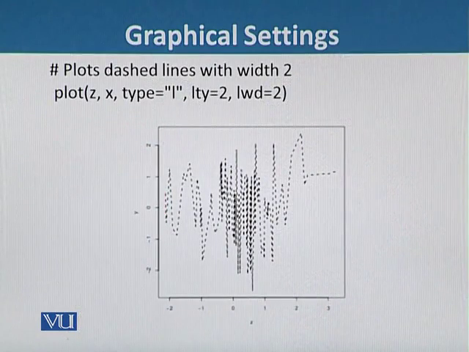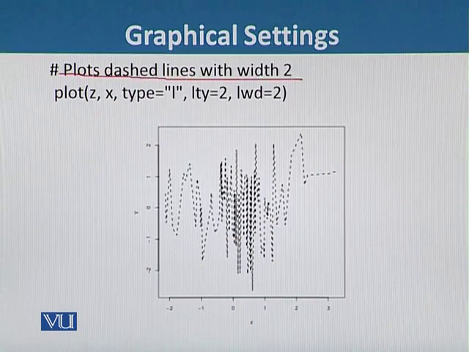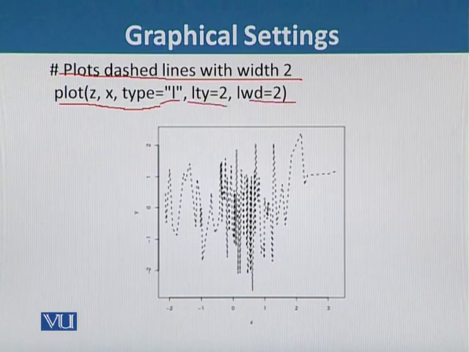If we use these two arguments, lty and lwd, then we write the command plot with lines and width 2. It means we have given the command that the plot should have a dashed line and the width should be 2, with type l meaning line plot, lty 2 meaning the line type is 2, and lwd 2 meaning the width is 2.